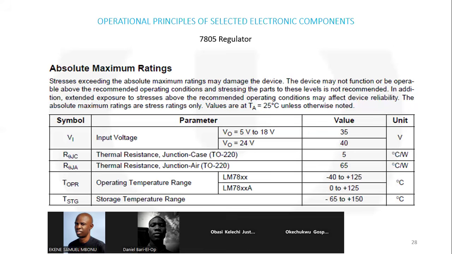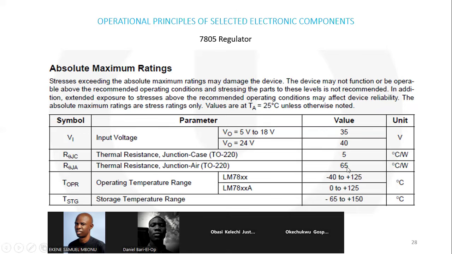These are the absolute maximum ratings. Input voltage, 5 to 18 volts. You don't supply more than 35 volts so that your system will work as expected. I don't even expect you to supply just 3 volts above the output, so that you don't end up hitting your regulator unnecessarily.